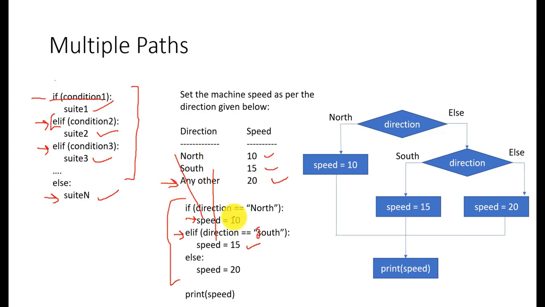And the else block was, if the direction is anything else than north and south, then the speed should be set to 20. So we come to this else part, speed is equal to 20. If direction is north, speed is set to 10. If direction is south, speed is set to 15. If direction is neither north nor south, then the speed is set to 20.